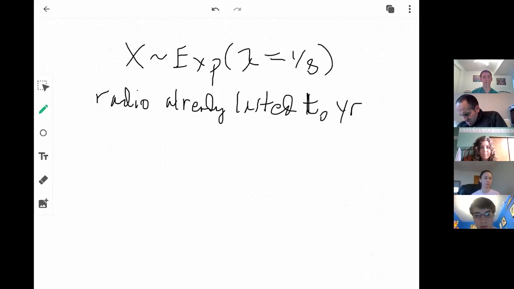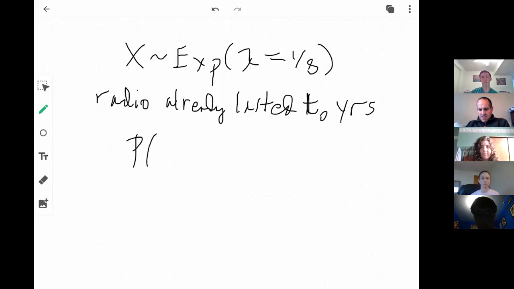Are the units in years here? I think so. Then they're asking us for the probability that X will last at least another 8 years, right? So X will last greater than 8 plus T0, because that would be the total life of the radio.